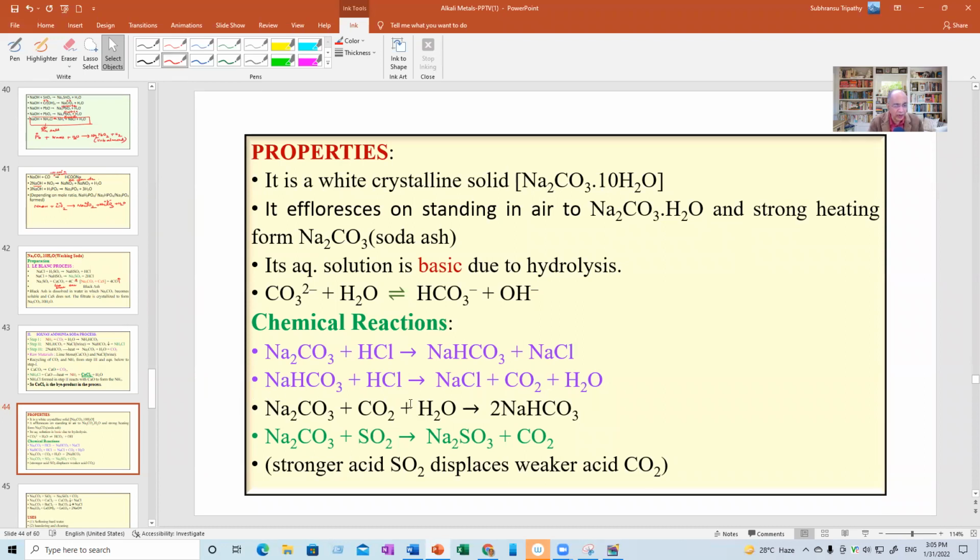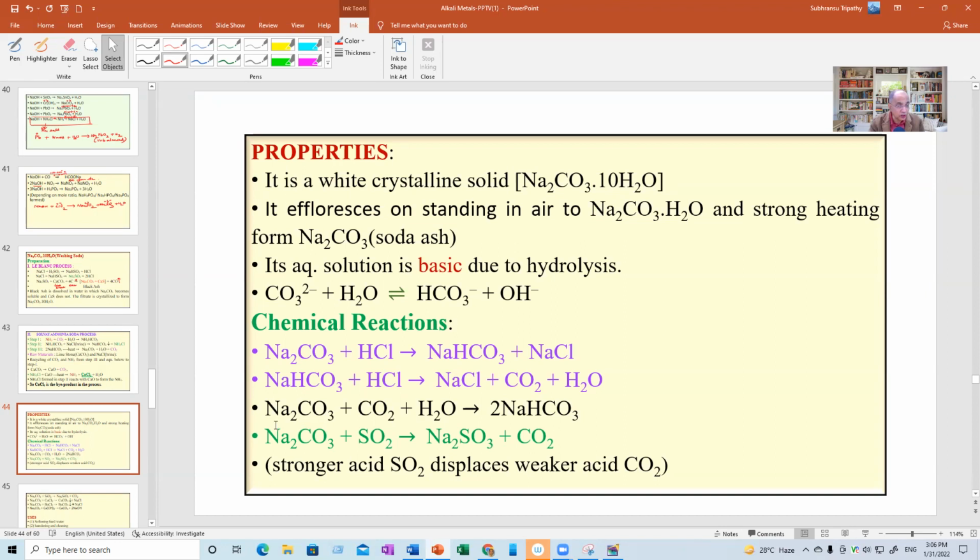Usually what we do, we add up and cancel sodium bicarbonate, and we write sodium carbonate plus 2 HCl gives you 2 NaCl plus water plus carbon dioxide. That ultimately happens. But if you add in a very systematic, gradual manner, you won't find the evolution of CO2. We'll know the physical chemistry aspect behind that.